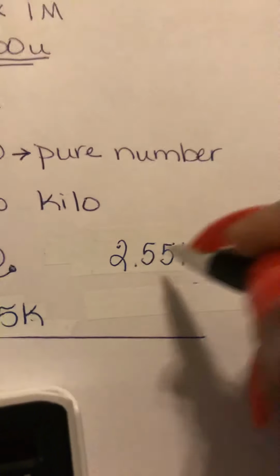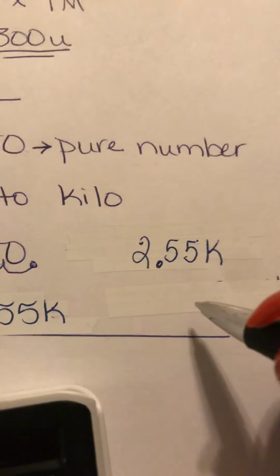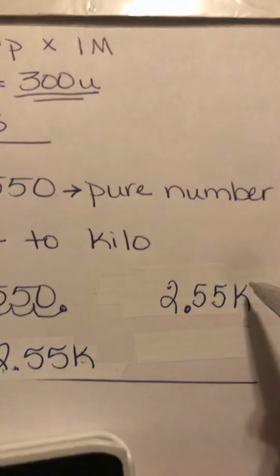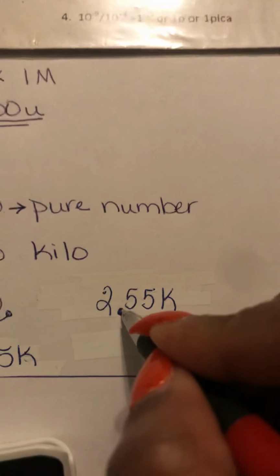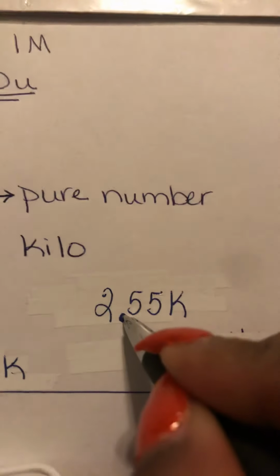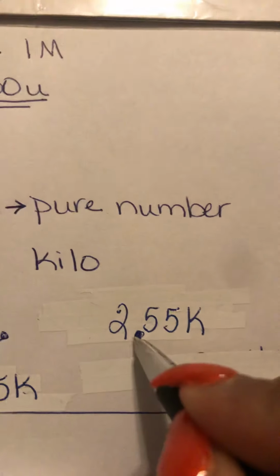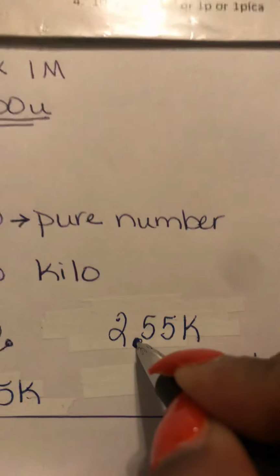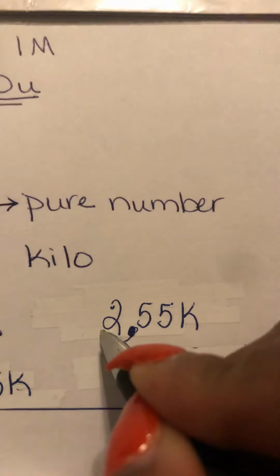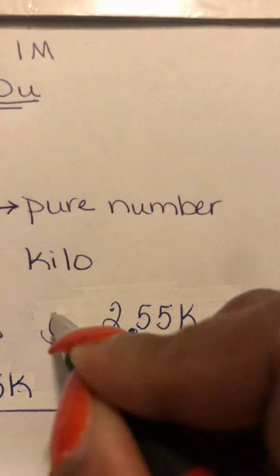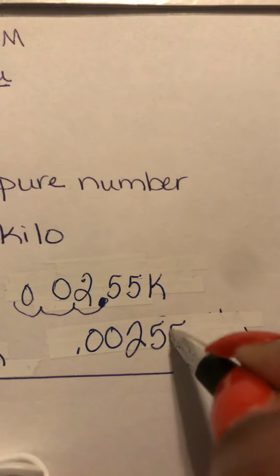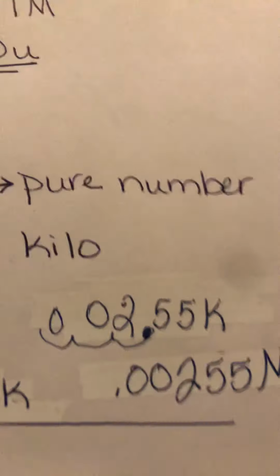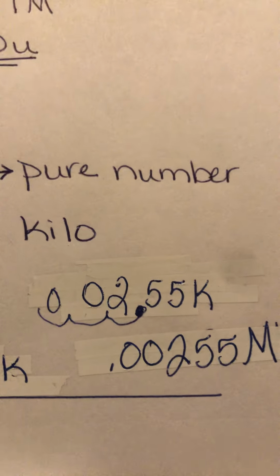Okay, now let's see what 2.55K is. What value is that in mega? So we know K is 3, mega is 6. So that means we need to move it till we get to the exponent 6. Right now, our exponent is 3 because K is at the end. So right here we are at 3. So 3, 4, 5, 6. So 0.00255 mega is the same as 2.55 kilo.